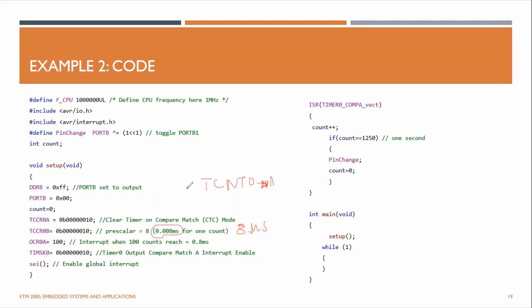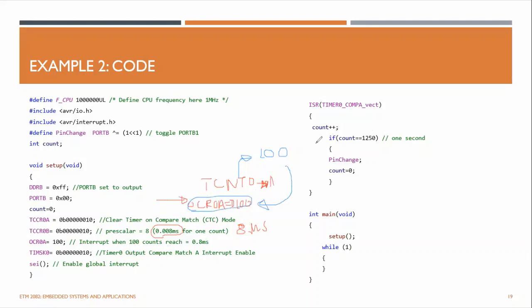So you know this is 1, and I have this OCR0A register, which is set to 100. So this TCNT0 has to count up to 100 in order to reach the predefined value in this register, right?